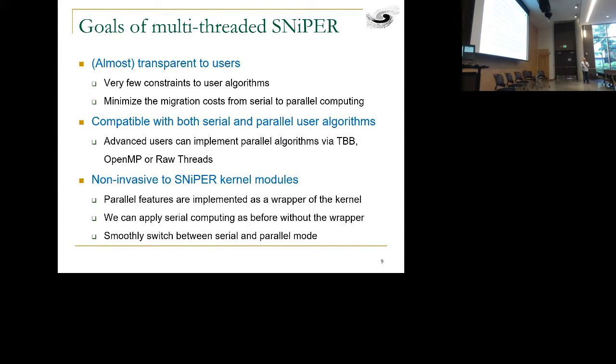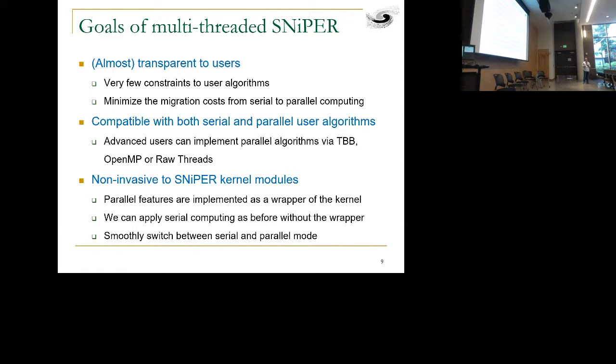Second, it should be compatible with both serial and parallel user algorithms, so that advanced users can implement their own parallel algorithms with different methods, such as TBB, OpenMP, or raw threads. Third, it should be non-invasive to SNiPER kernel modules.